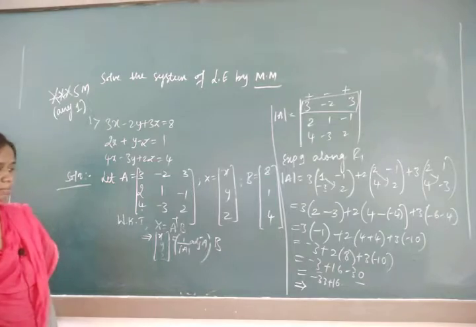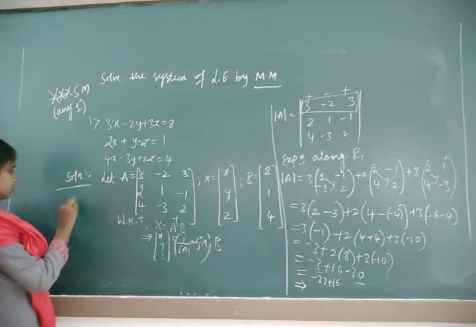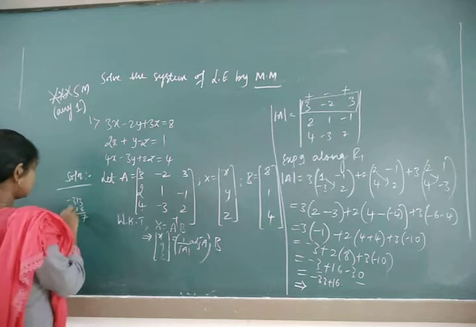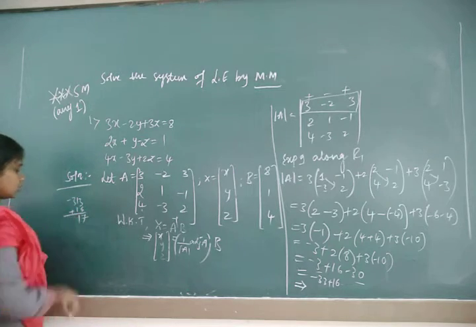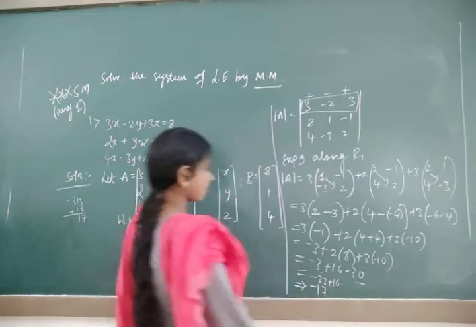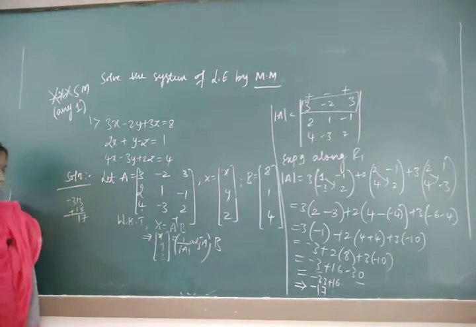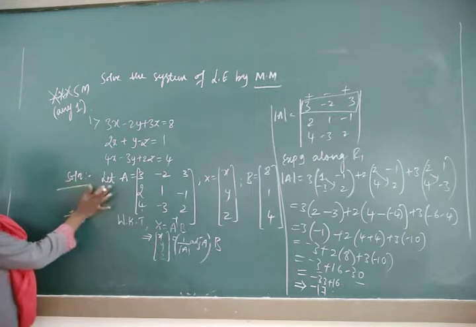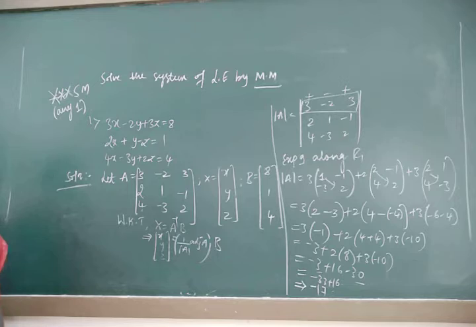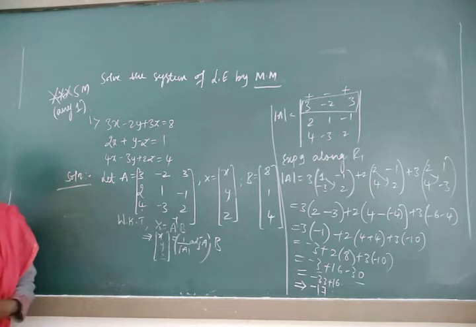Minus 33 plus 16. It's minus 17. Okay, so check it out: 17 plus 16 you just add, you are going to get 33.